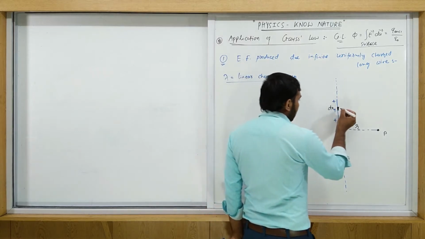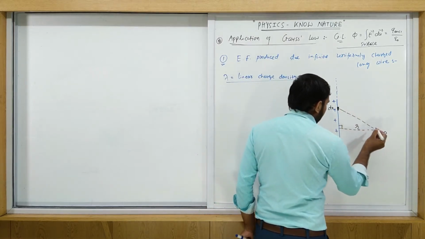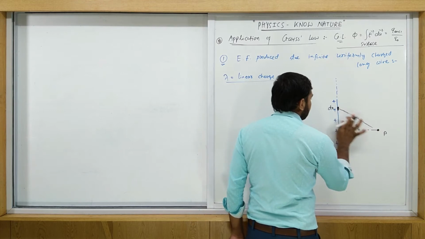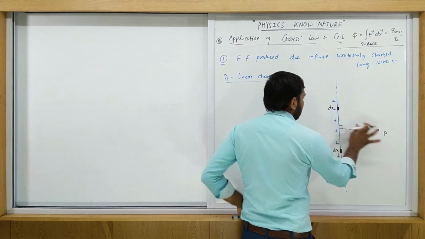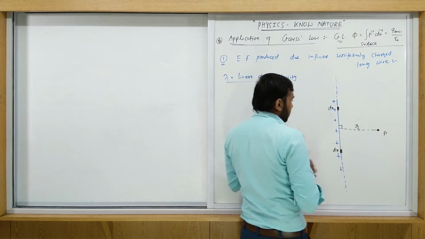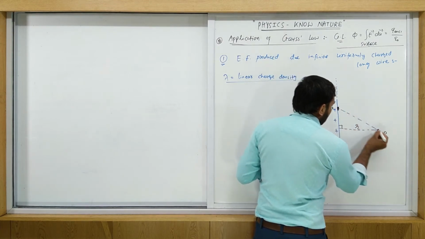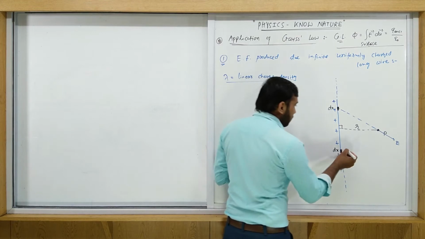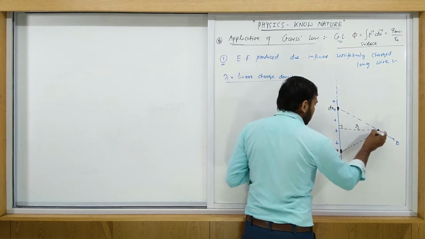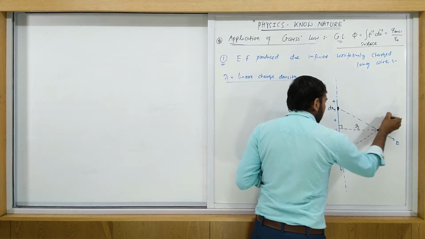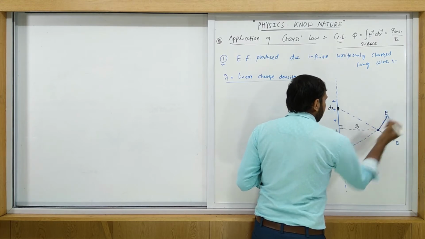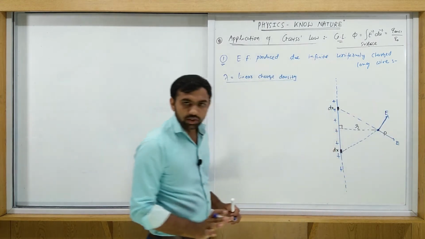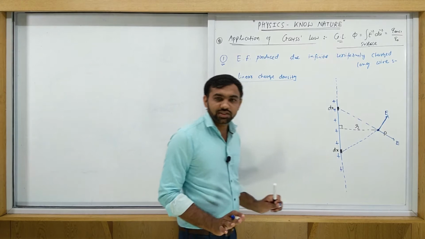Due to the first section, some electric field E is produced at point P, and due to the second section the electric field in this direction is again E. Both are the same, so the magnitude is the same, only the directions are different.